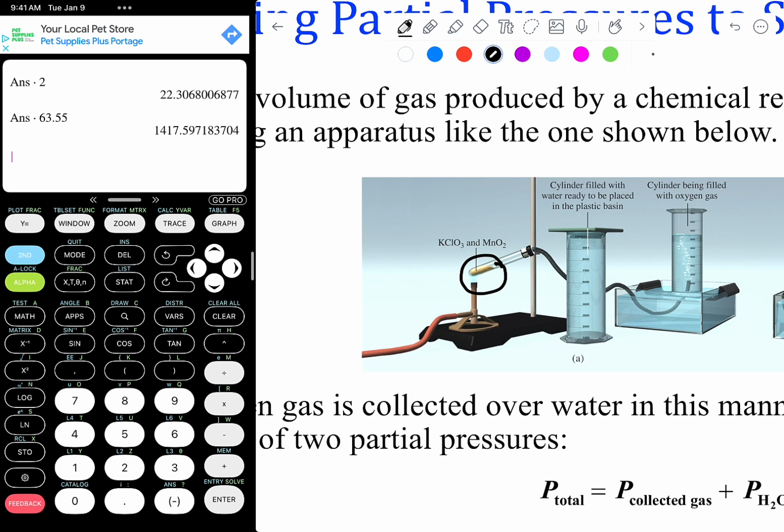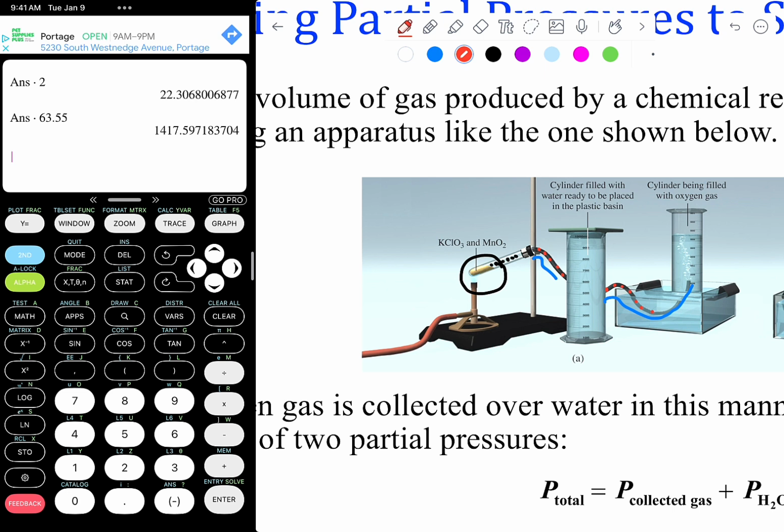So the oxygen gas goes up the little test tube here. The test tube is attached to a tube, and that tube runs underwater into a graduated cylinder. So the oxygen gas, I'm going to mark it in red now, continues through that tube.